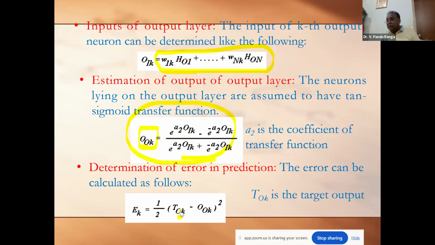When we are giving training to the neural networks, there are two types of learning or training: supervised learning or unsupervised learning. Supervised training means you will have both inputs and outputs, so that the network will map between these two.